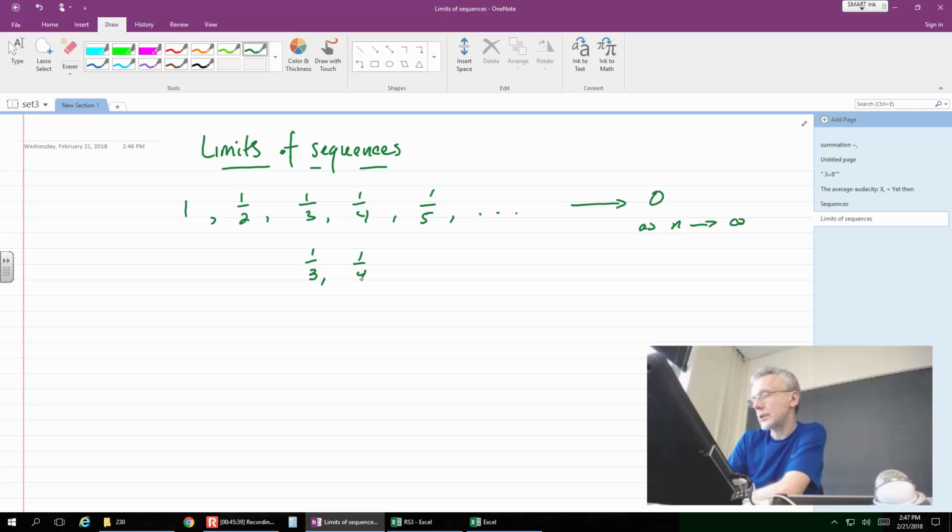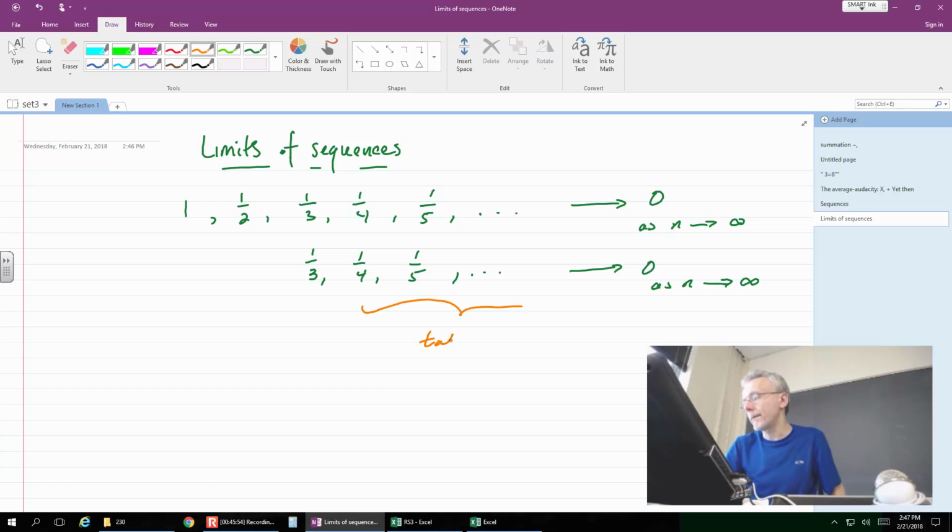It's not going to change a thing. I still say that the limit is 0 as n goes to infinity. So it is the tail of the sequence that matters, and it determines the limit.